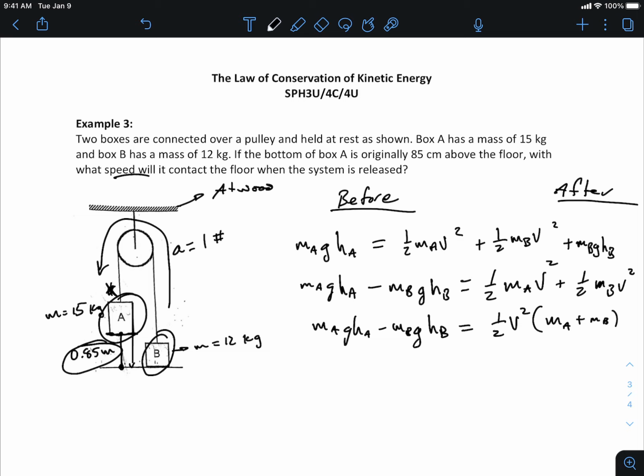So let's multiply both sides by 2. We can do that pretty easily. If I do that, the 1/2 cancels out, so that's gone. And then I could say, well, let's divide both sides by M A plus M B.